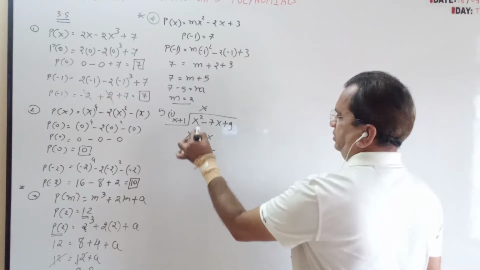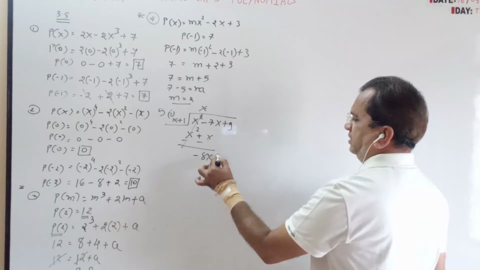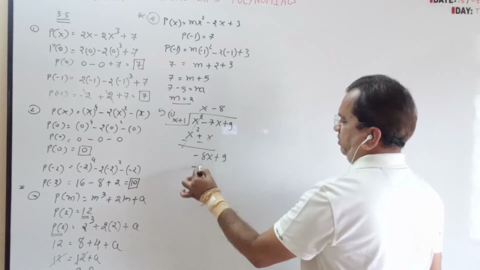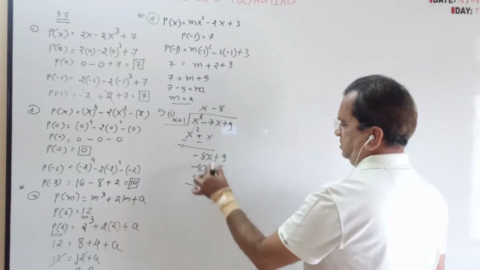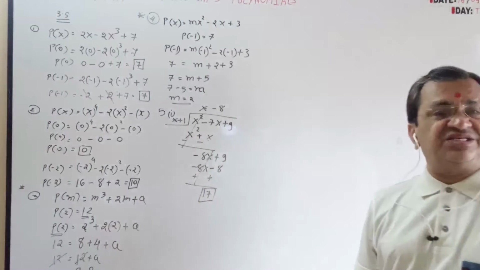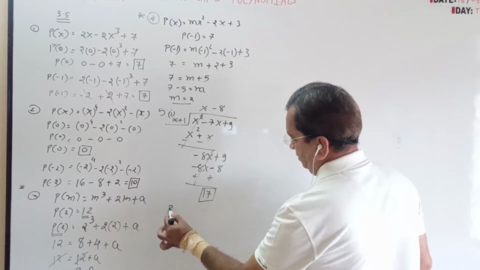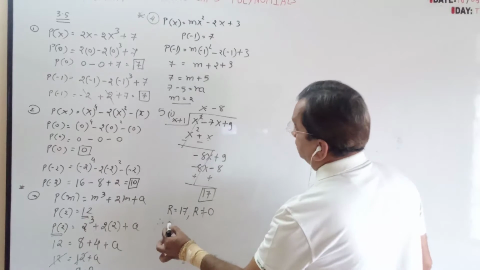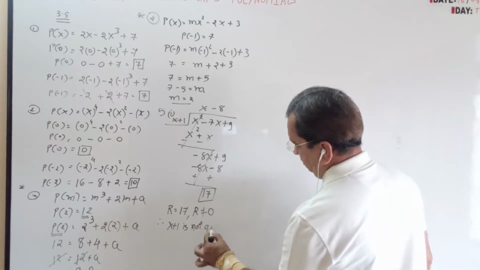Change the sign, cut, minus 1 minus 7, minus 8x plus 9. This divided by this, you will get minus 8. So minus 8x minus 8, plus cancel. Remainder is 17, not 0. Therefore, x plus 1 is not a factor.